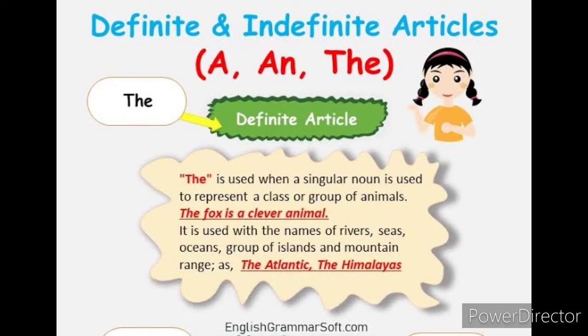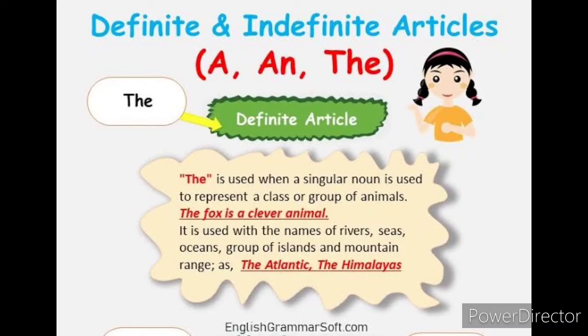The fox is a clever animal. Here we are mentioning the particular animal, the fox, and it is also a singular noun. So the definite article must be used only with singular nouns. It should not be used with the plural form of nouns.